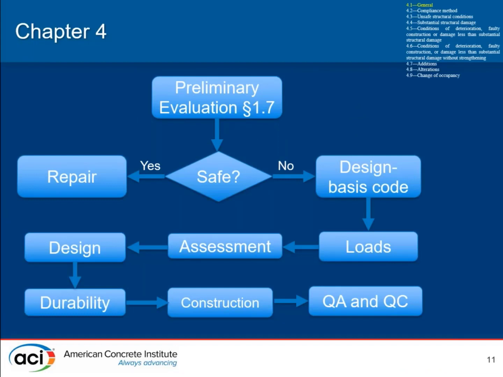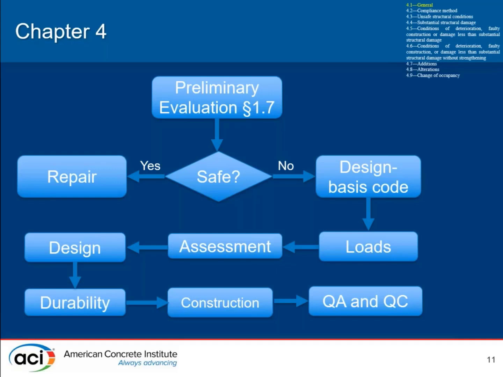We started yesterday talking about carrying out a preliminary evaluation, or preliminary assessment, in accordance with Section 1.7 of 562. If it was discovered that the structure was adequate and safe, then one would proceed with a repair. But if the structure had a deficiency, then we go through a number of steps that we'll be talking about today.